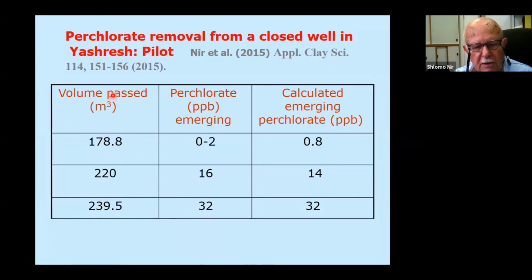Here is an example that after 180 days, 180 cubic meters, the emerging concentration of perchlorate was still zero, in accord with the predicted values. I show here a sample of about 100 measurements. And we see that later on, the model could also predict the results.